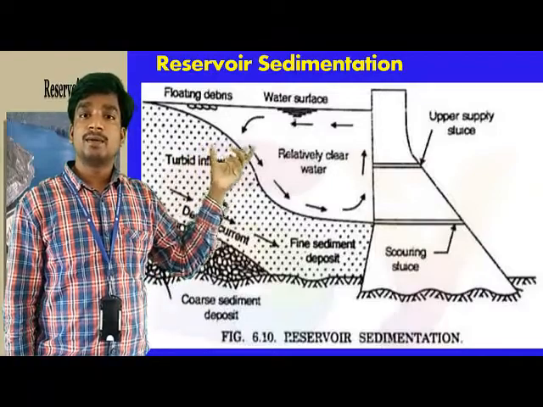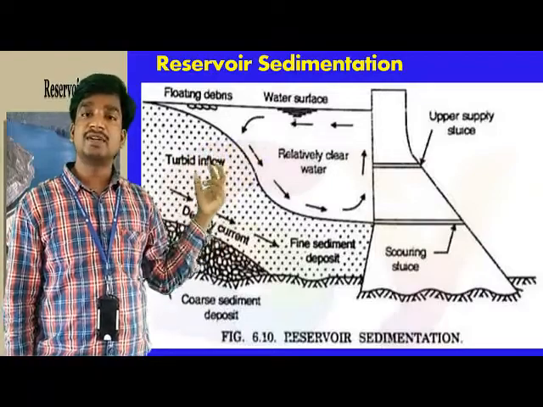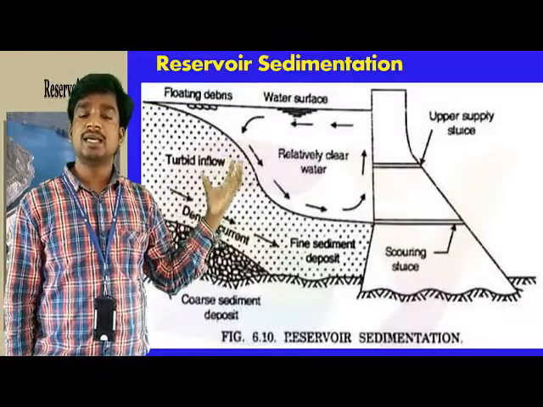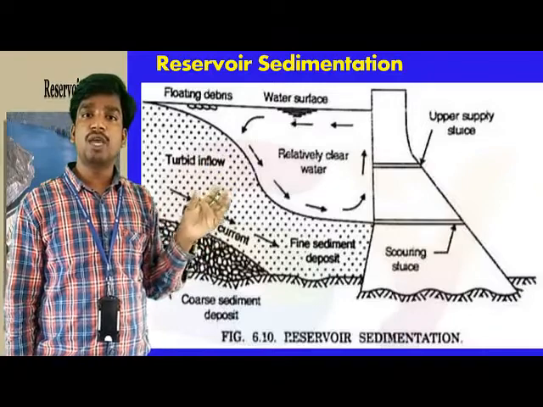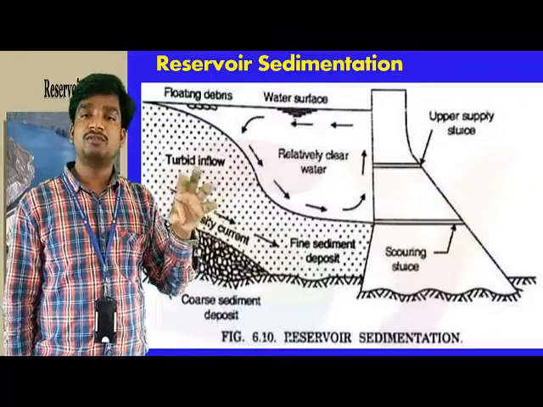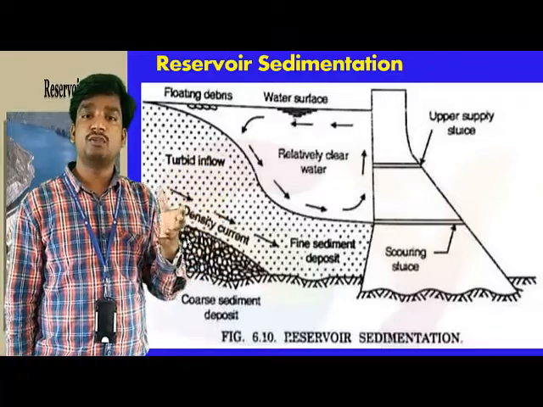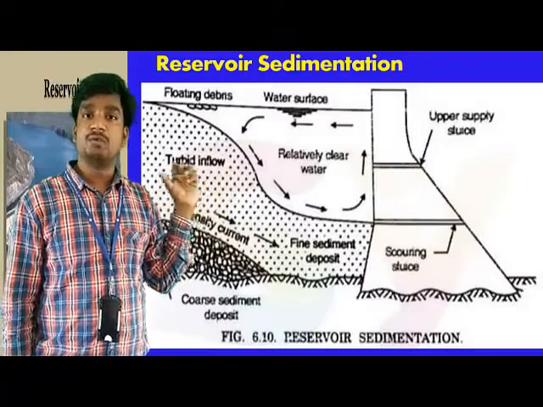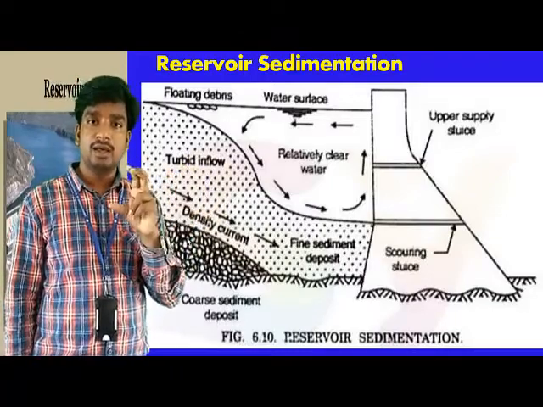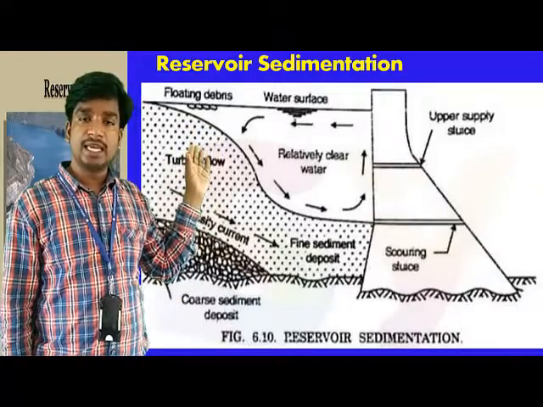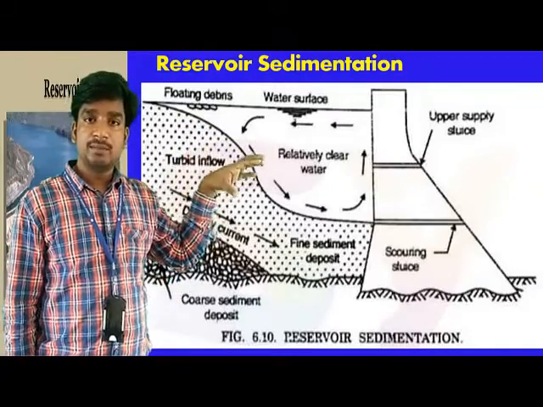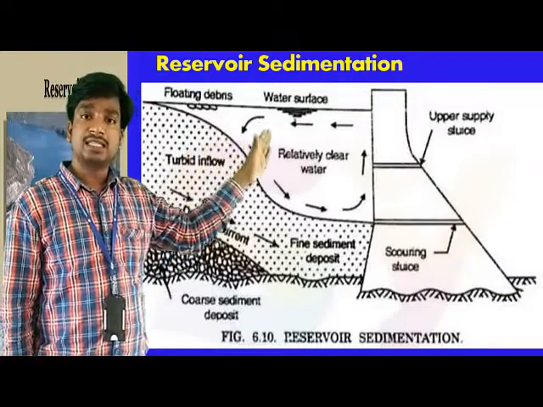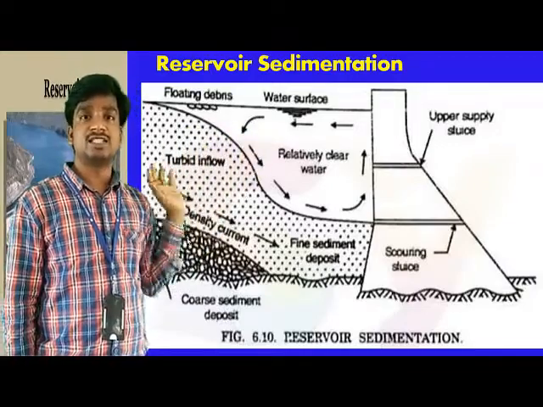So because of this difference in the densities, relatively smaller densities, there is a gravitational flow of one fluid with respect to another fluid. Means one fluid is flowing in the other fluid because there is a small difference in the densities.